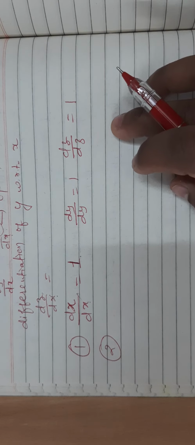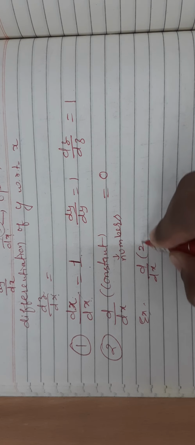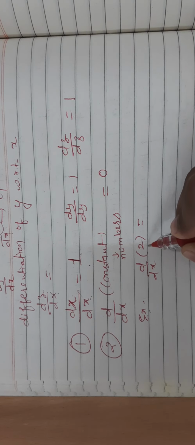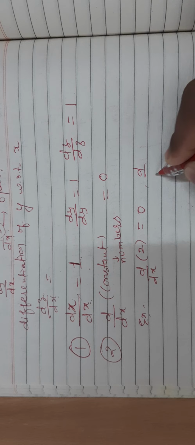So the first rule is differentiation of a variable with respect to the same variable is 1. The second rule is differentiation of any constant. Any constant means some number, okay, any number is always 0. For example, d by dx of 2, differentiation of 2. Here it's simply a number, a constant, so it is 0.